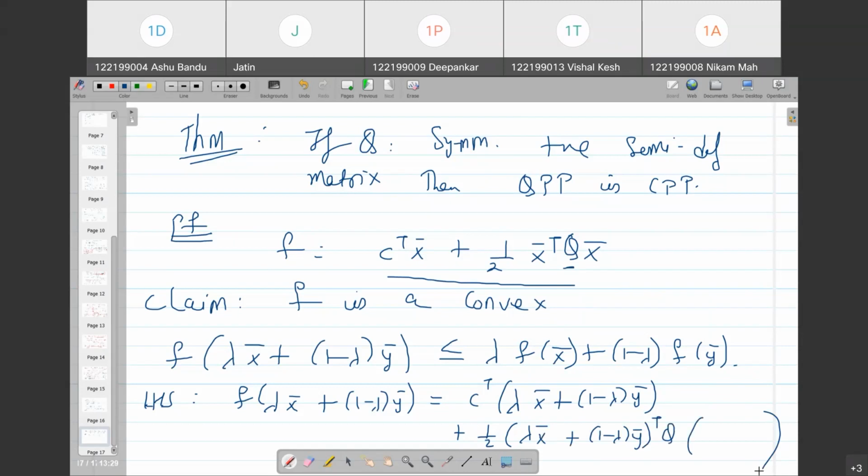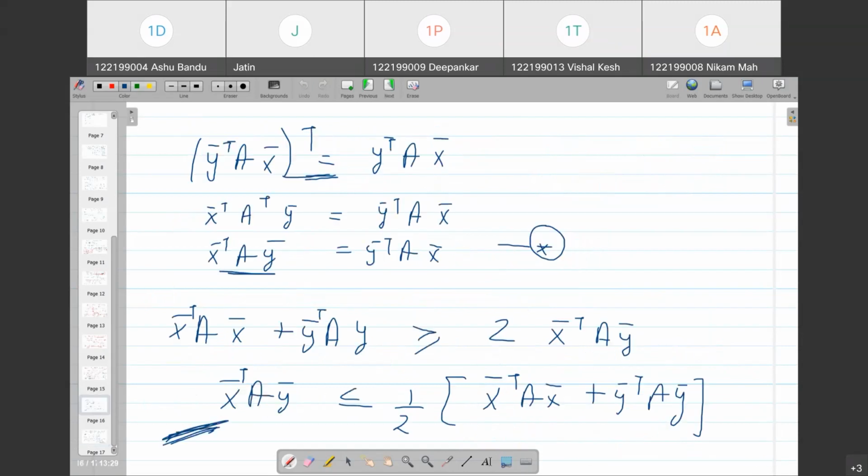And now you will realize why I'm giving you this as homework. Now you have to take the transpose inside and multiply this complete thing, use this fact somewhere, and you will get the answer.